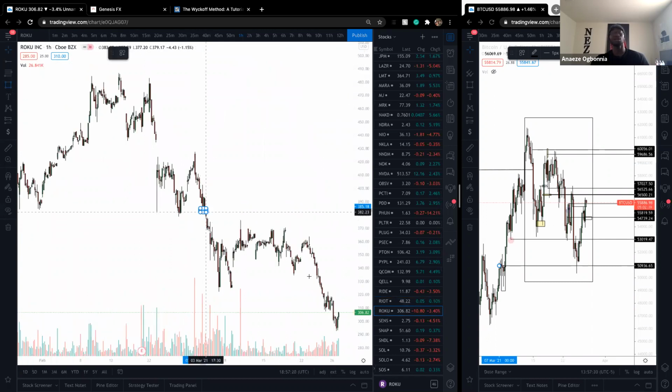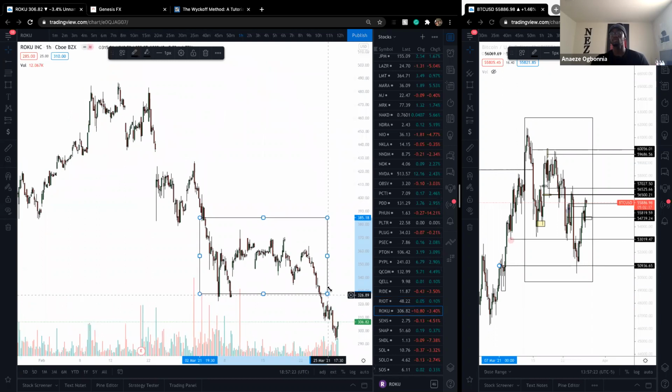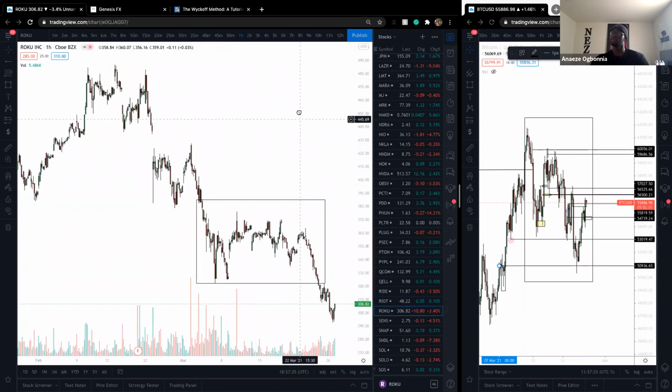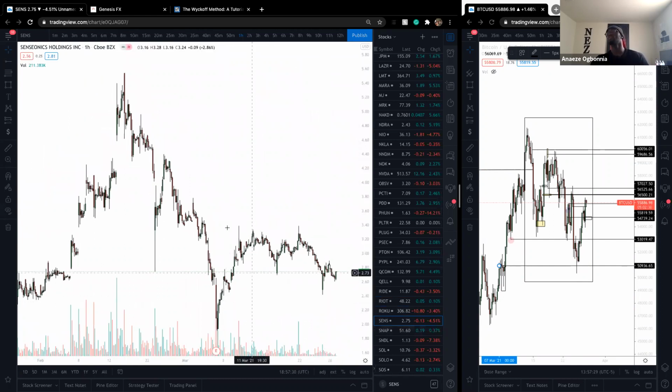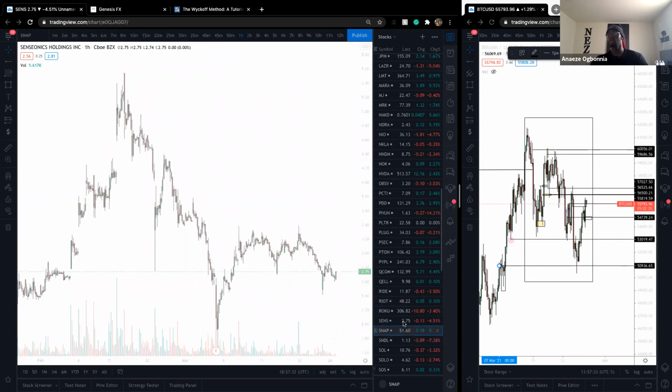Roku is tech, but I mean it's a TV provider. But bearish, Suns, bearish. Well, let's see that here. Liquidity full, breaker structure, bearish, snapshot.